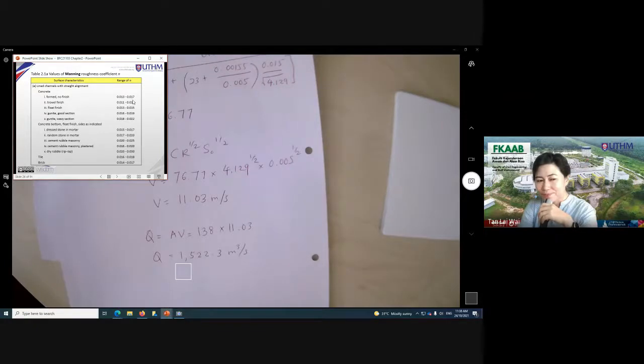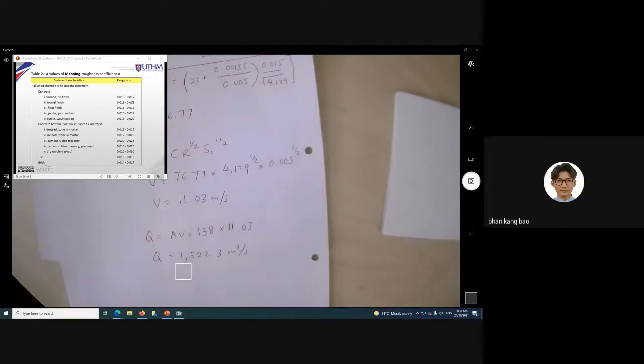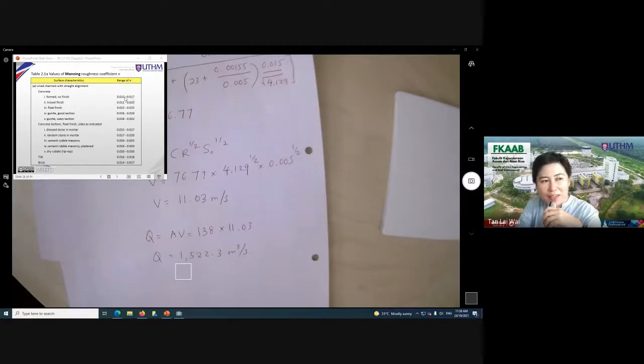Not Chezy. This Manning N. Let's not look at Chezy, we look at this Manning first. If my question says, find Q if that open channel, the surface of the open channel is of concrete form, no finish, use the Manning formula to find the rate of flow.